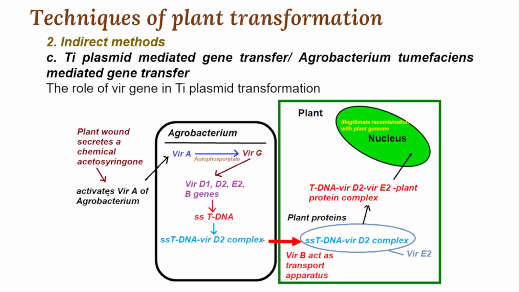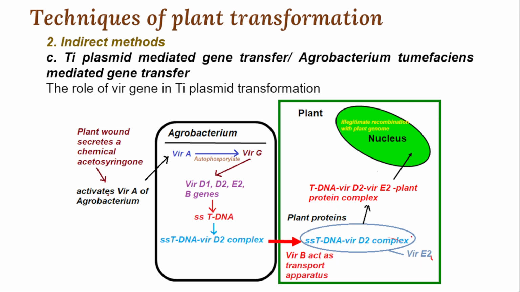Whenever these complexes are formed, they successfully escape through the plasmodesmata connection and then enter into the plant cytoplasm. Here VirB acts in the transport of this complex into the cytoplasm, and further one more Vir protein will bind and surround this complex here. The T-DNA VirD complex will be surrounded by the VirE protein, sorry.